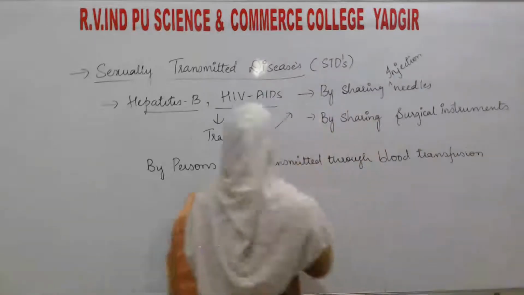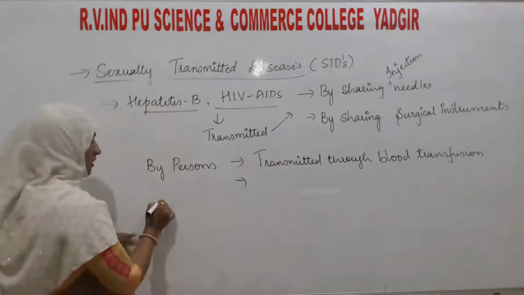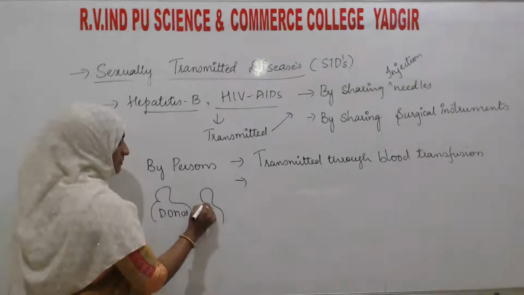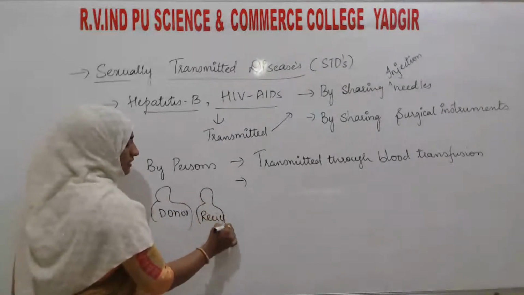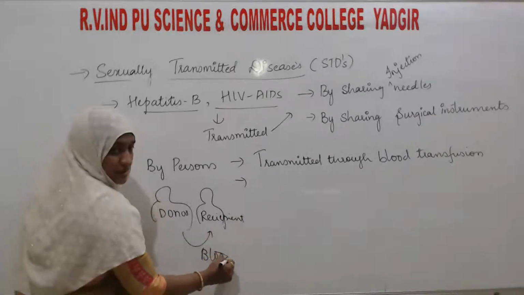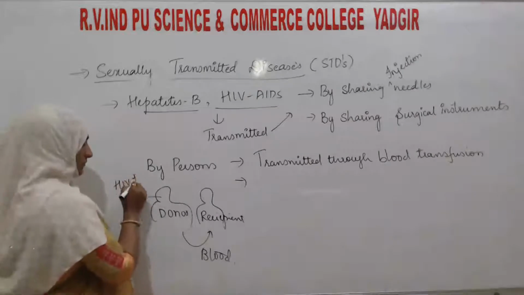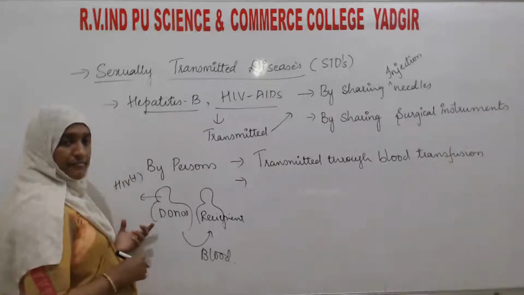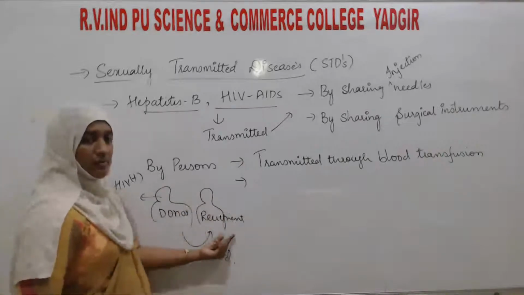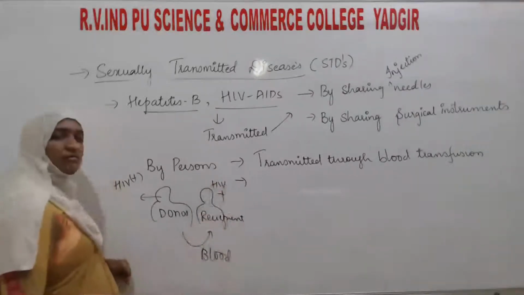This is one way. Here is the donor, and this is the recipient of blood. Here, this donor is HIV positive. If this person transfuses the blood to the recipient, then the recipient will also become HIV positive.